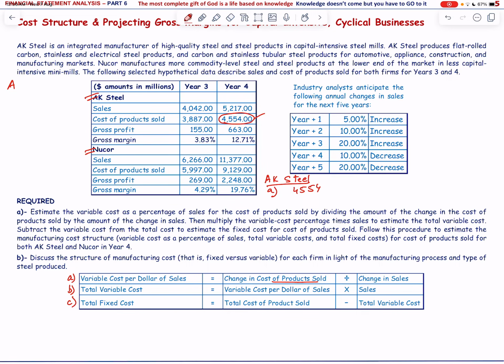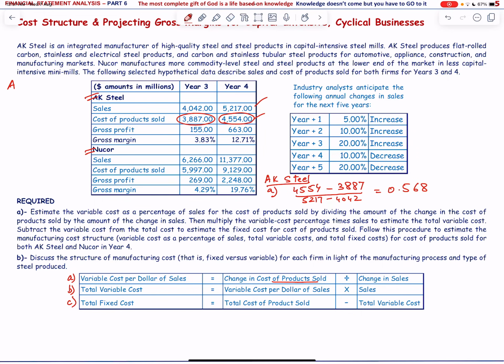From this we will subtract the cost of product sold in year number 3, that is 3887, and this is going to be divided by the change in sales. Now the sales was 5217 minus 4042. So this will be equal to 0.568.